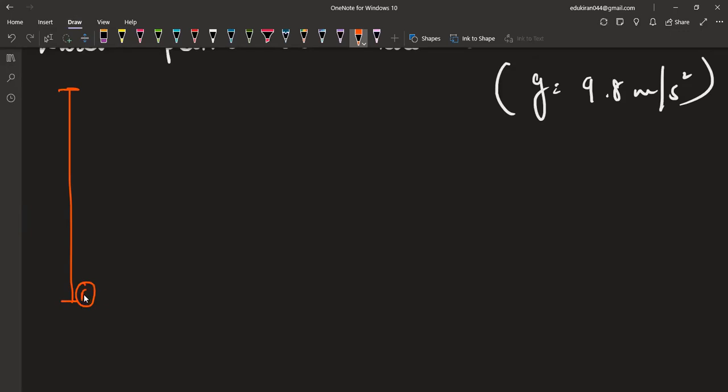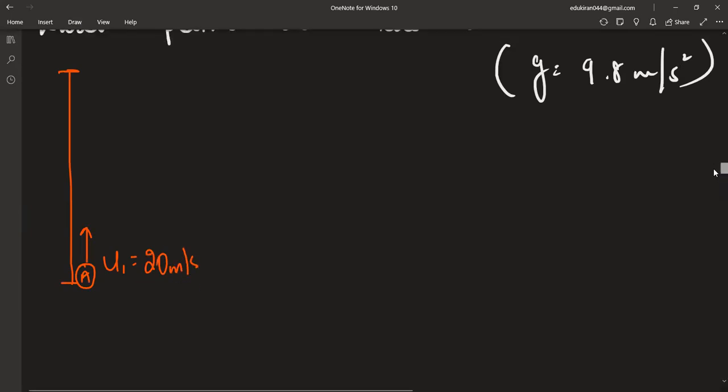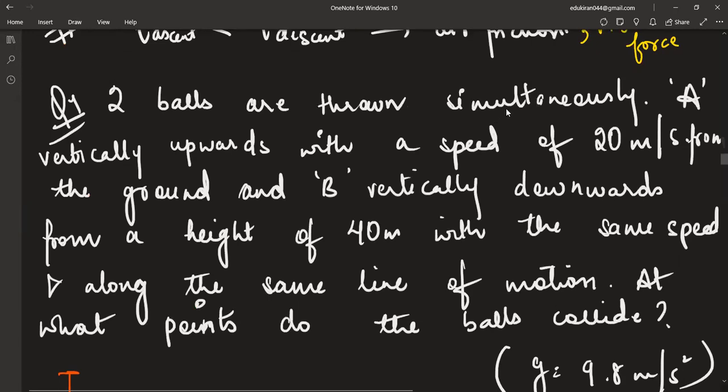This is a ball thrown upwards with initial velocity 20 meters per second. This is what is written in the first line: two balls are thrown simultaneously. A is thrown vertically upwards with a speed of 20 meters per second from the ground, and B is thrown vertically downwards from a height of 40 meters with the same speed.